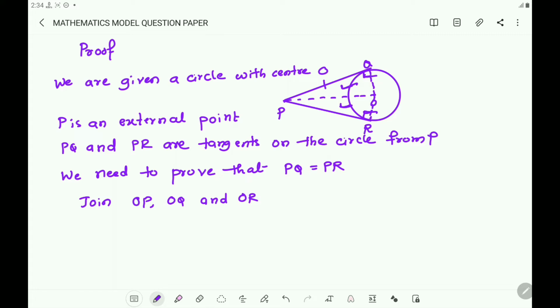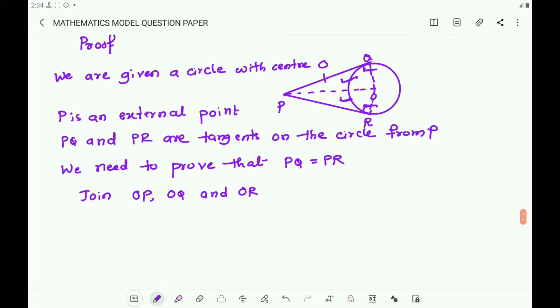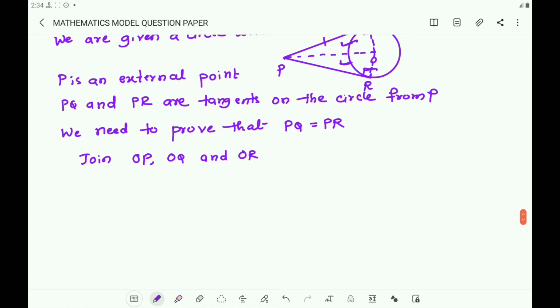That is the angle between the radius and the tangent at the point of contact. So you take the right angle triangles. Directly you can write, in right angle triangles OQP and ORP.